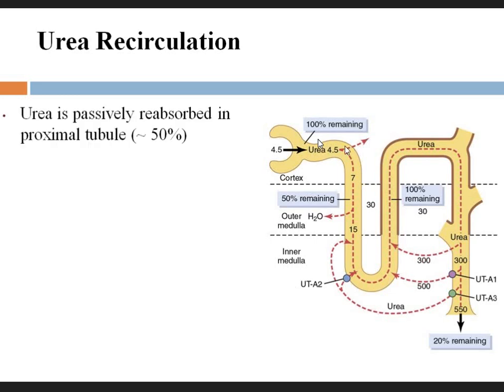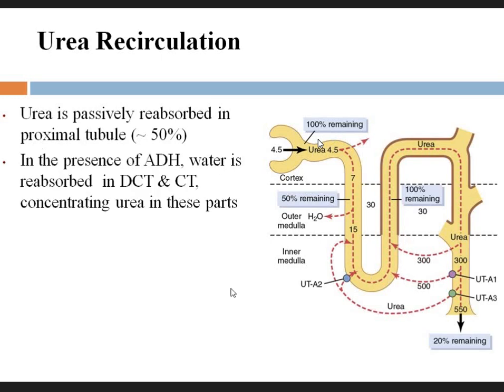We know that urea is passively reabsorbed in the PCT as well, almost 50% of it. This urea then moves down to other portions of the tubules. And in the presence of ADH, water is reabsorbed in the DCT and CT, concentrating urea in these parts.